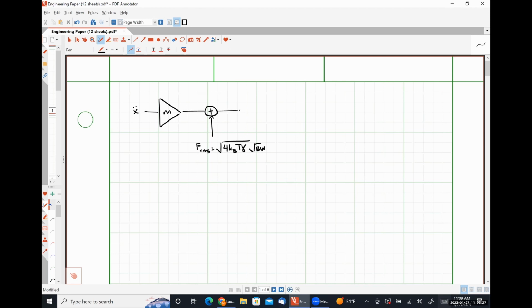Our force is converted into a displacement by our spring. The spring will contribute some RMS noise displacement. So here we're at force, here we're at displacement.